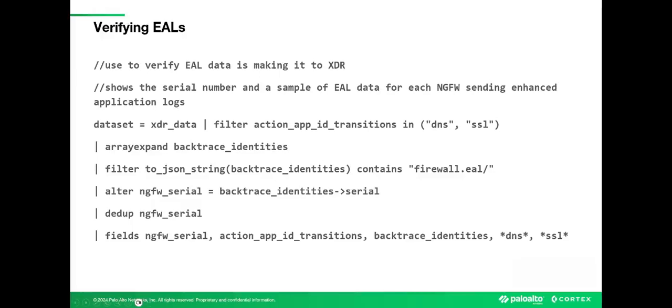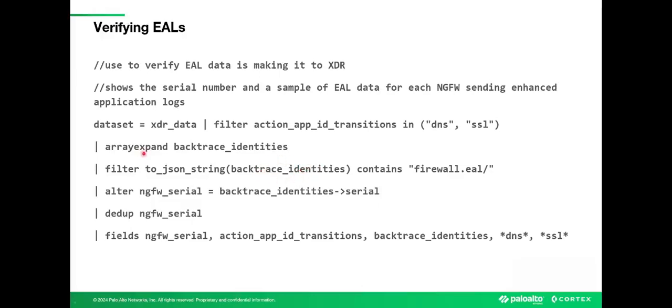Then as part of the data, we have an array called backtrace identity. So we use the array expand stage to extend the array, so expand the array into multiple fields. Then we use another filter stage to get some specific string from the backtrace identity.